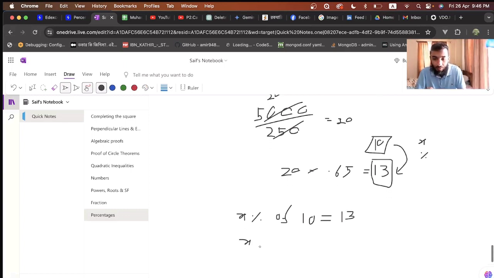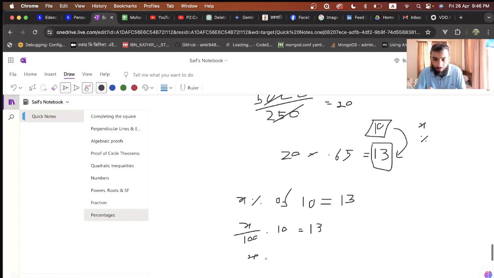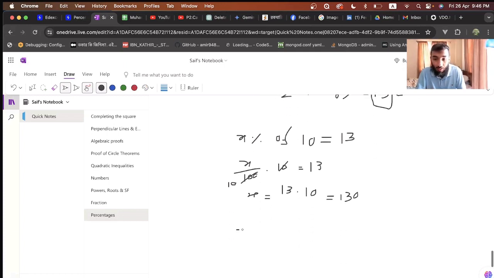So X by 100 multiplied by 10 is 13. So what is X? X is 13 by 10, so 13 multiplied by 100 divided by 10, which is 130. So X, the revenue, is 130%. So what is the profit?